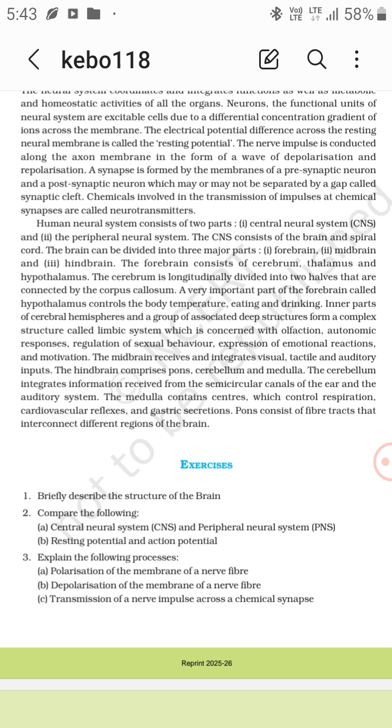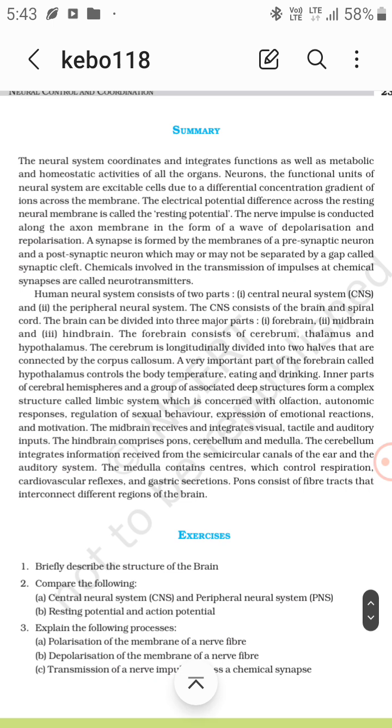The cerebellum integrates information received from the semicircular canals of the ear and the auditory system. So this is it. This is your chapter.